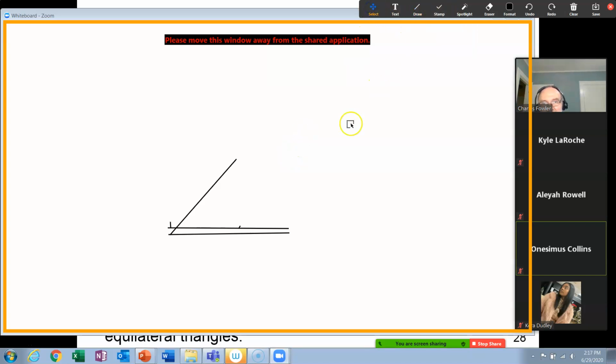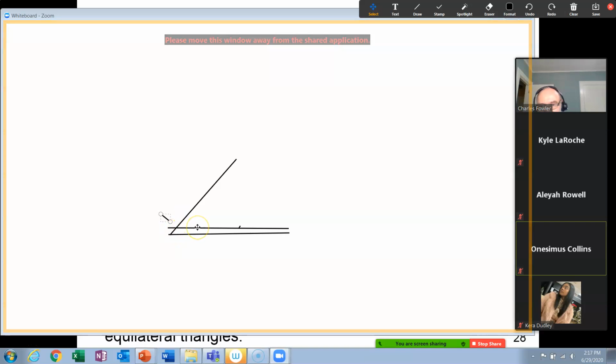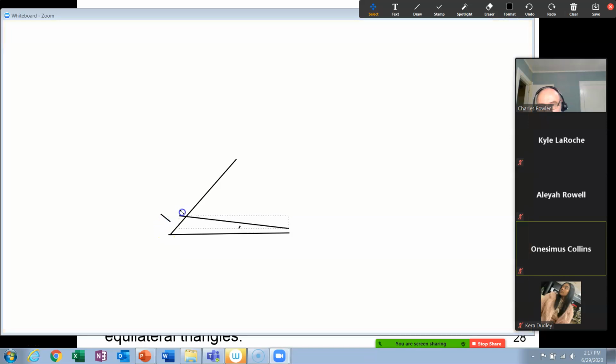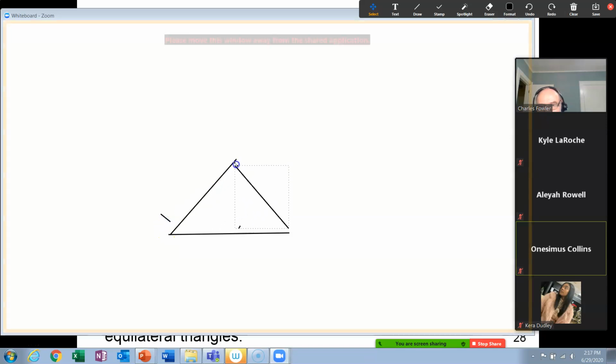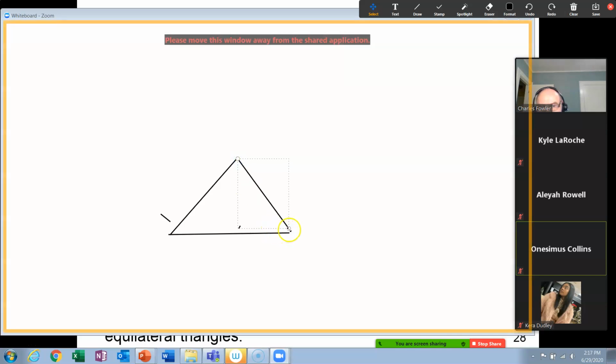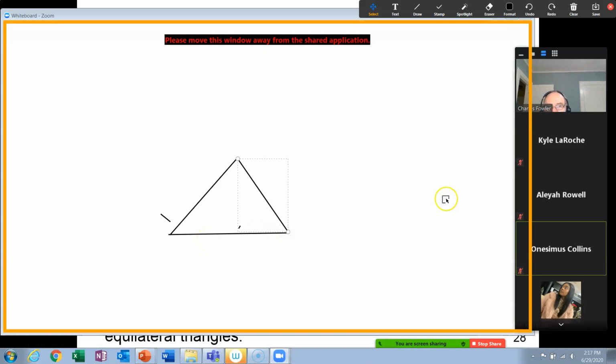I guess I need to do a select. Nope. I want this one. Okay, there we go. Now let's just use your imagination and assume that's an equilateral triangle.